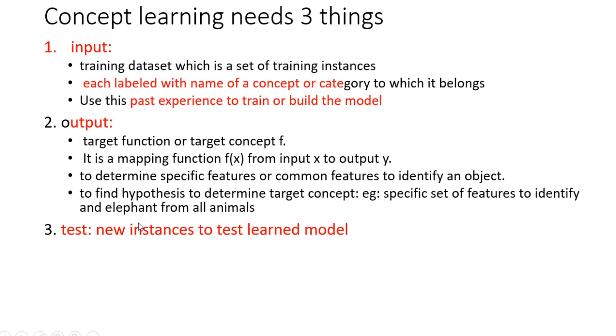Now you have to test it on new instances. You cannot use the same data sets which you used for training. You have to give new images of an elephant and test whether your model is able to identify and categorize correctly or not. So that is the third one, test new instances to test the learned model.